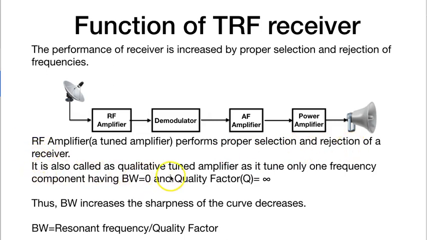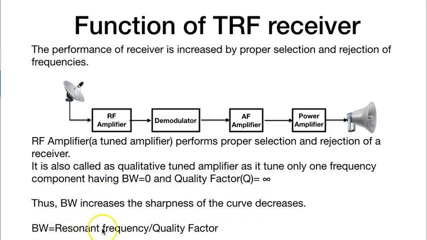It is called an ideal tuned amplifier, as it tunes only one frequency component having bandwidth 0 and quality factor infinity. Quality factor depends on two things, that is the frequency and the bandwidth. Thus, as the bandwidth increases, the sharpness of the curve decreases.